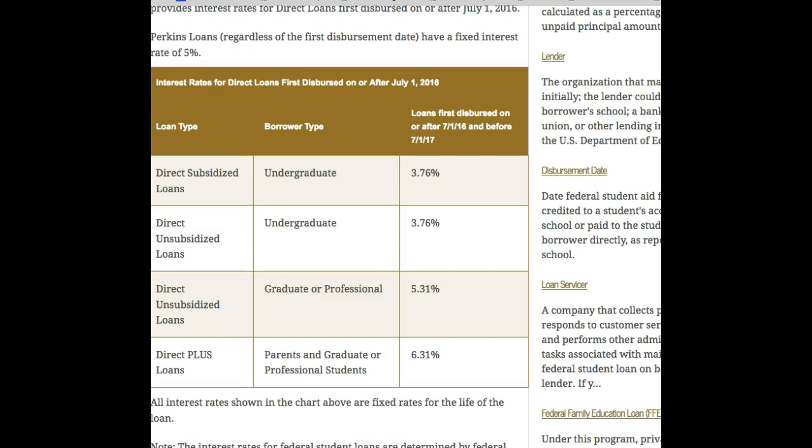Our interest rate is going to be about 3.76%. Okay? A few years ago when we did the same example, it was like 4.29. So they fluctuate. All right? So go ahead and use the 3.76 as your interest rate and go ahead and calculate the 2 different scenarios.